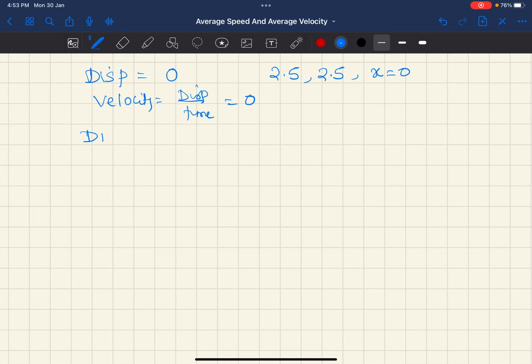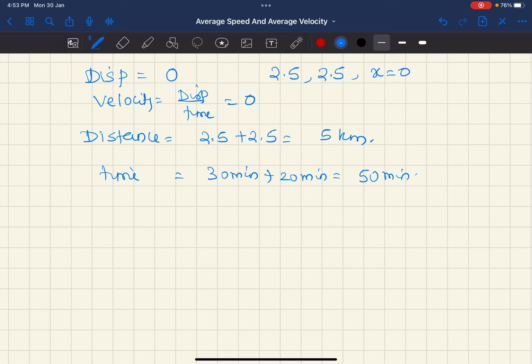So how much distance has he traveled? He has traveled 2.5 kilometers plus 2.5 kilometers, that is 5 kilometers. And how much time did he take? For going he took 30 minutes and for coming back he took 20 minutes. So all in all he took 50 minutes, which is 50 by 60 hours, or 5 by 6 hours, total time of travel.